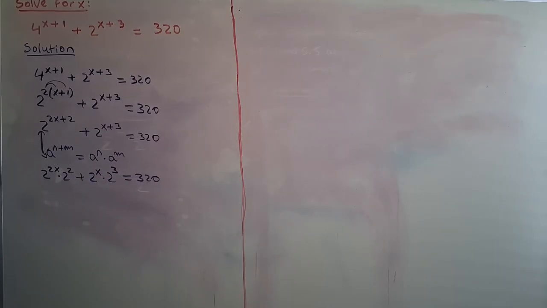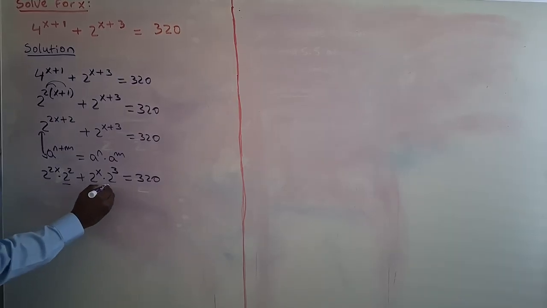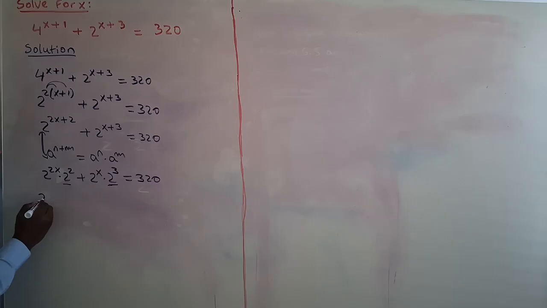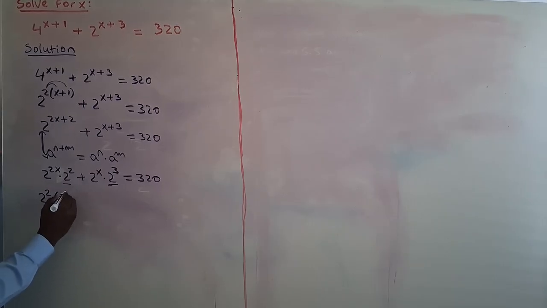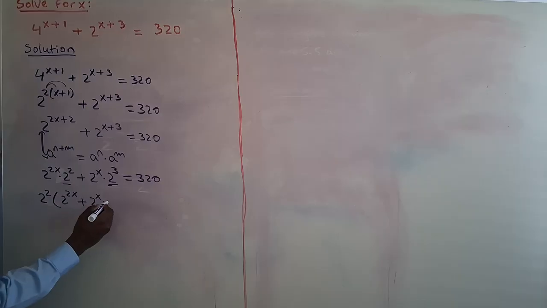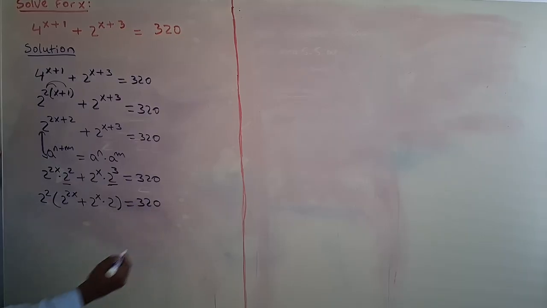The next thing that we're going to do is factor out a 2 squared out of this expression. So, once we factor out the 2 squared, we're going to have 2 raised to the 2x power left in there plus 2 raised to the x power times a 2 in there. Since we have 2 cubed, one 2 is going to be left in there, equals 320.